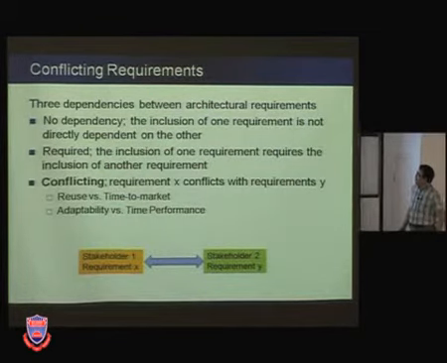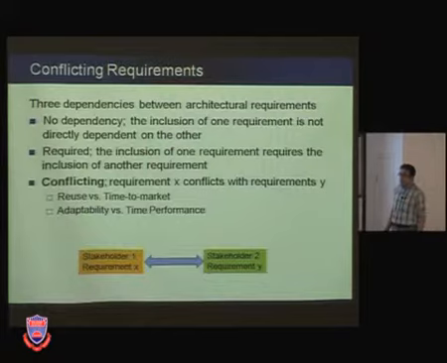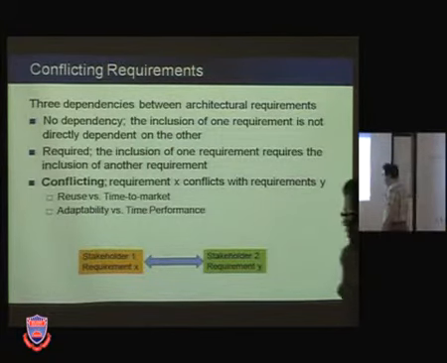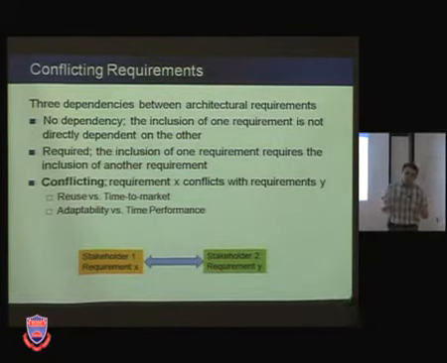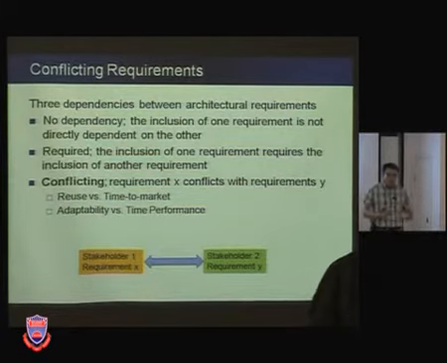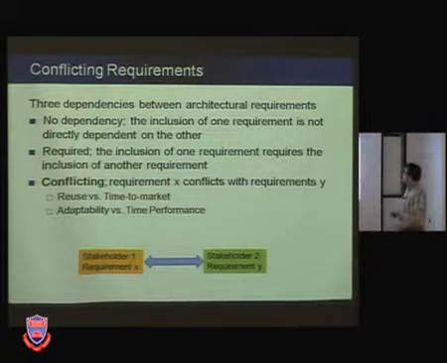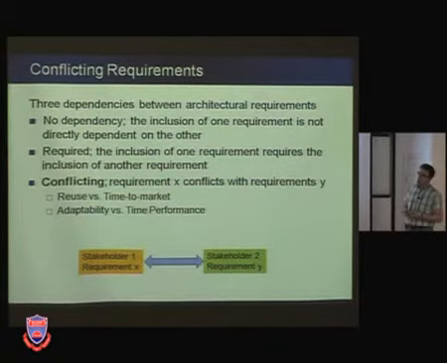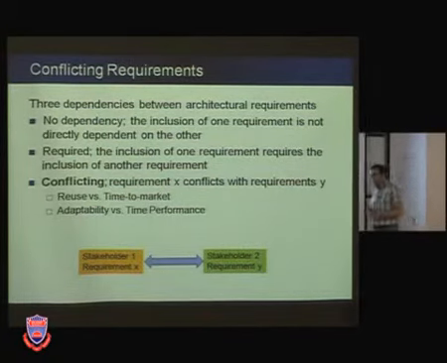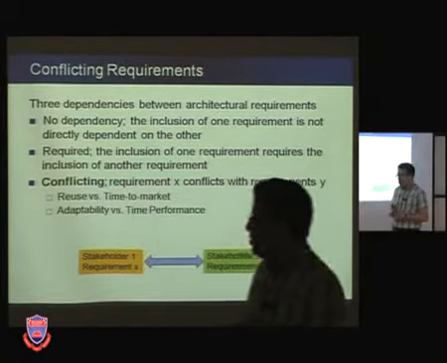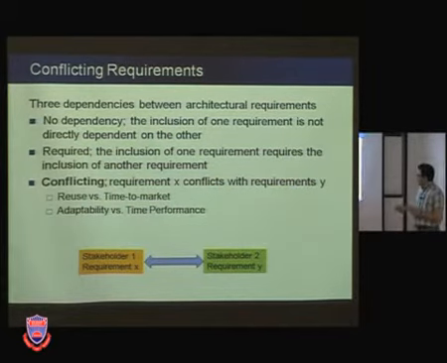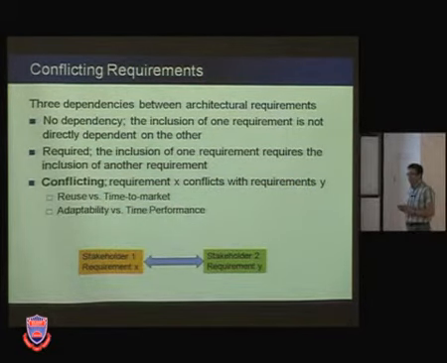Then there are the conflicting requirements. Requirements can conflict. You will have multiple stakeholders, multiple requirements, and typically there can be some relation between these requirements. If there's no relation, then we say there's no dependency. Some requirements might require other requirements, or they might also be conflicting.